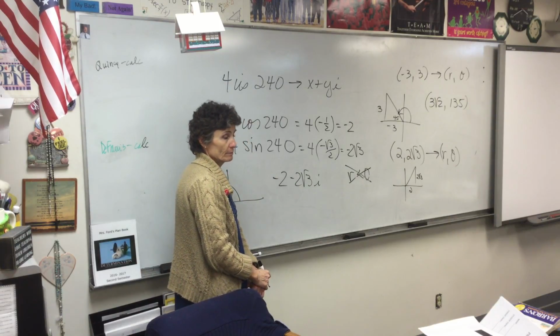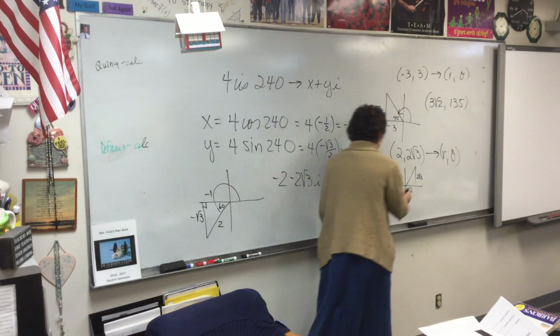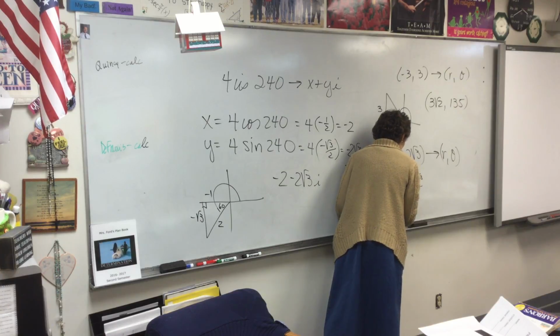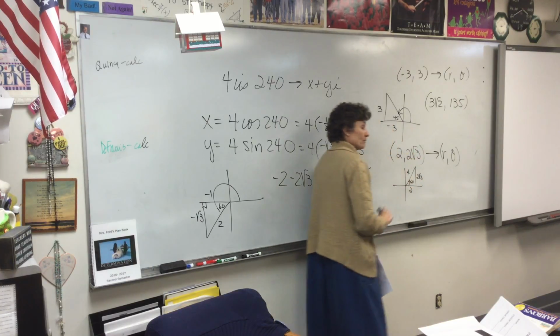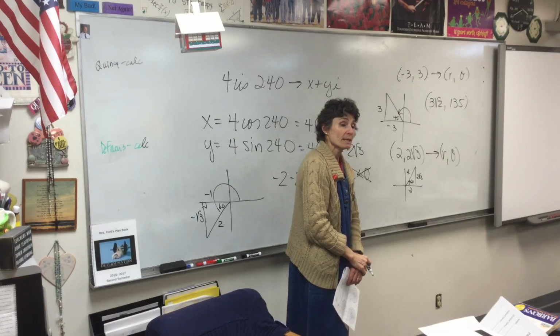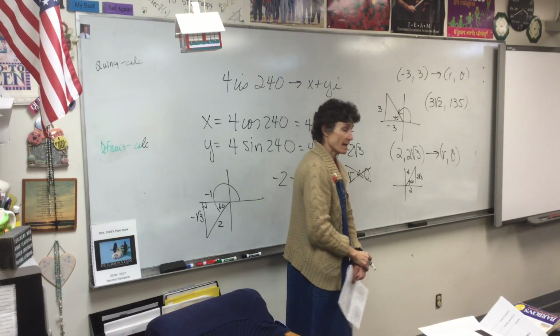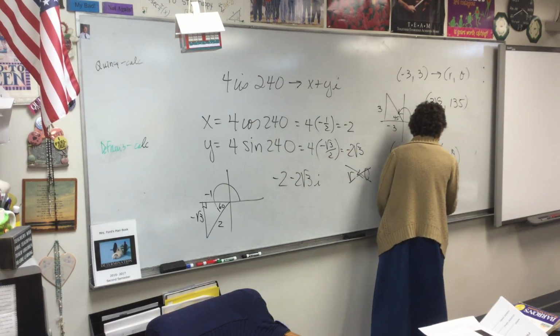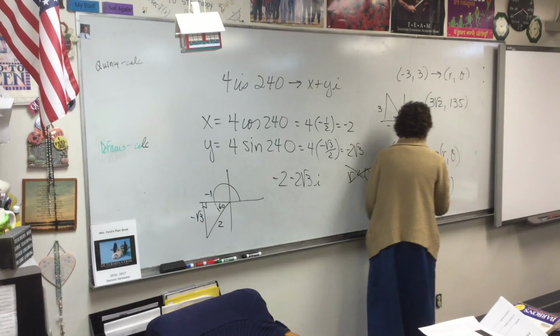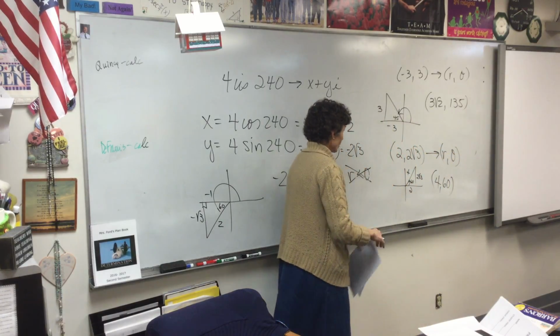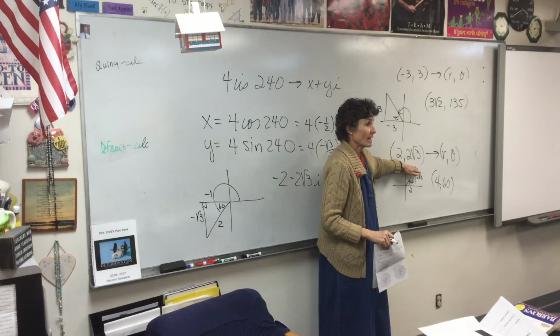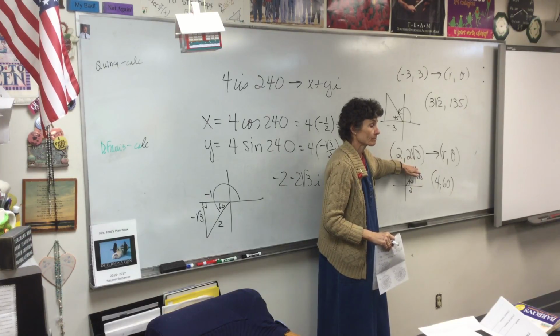What's my R? 4. What's my theta? 60. And for the first time all day, can I use 60? Yes. So 4 comma 60 is the answer when I change this into polar coordinates.